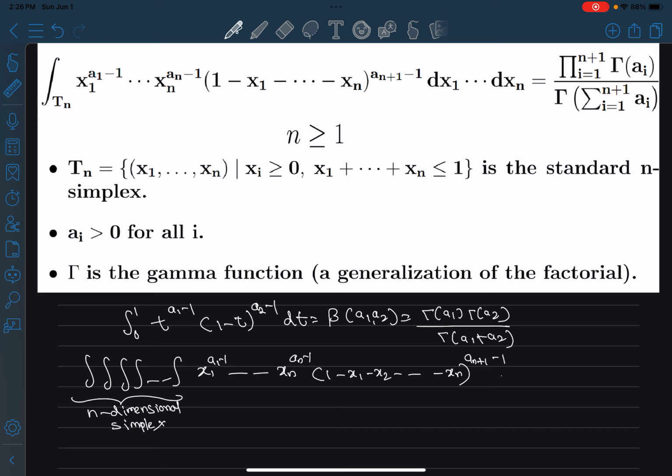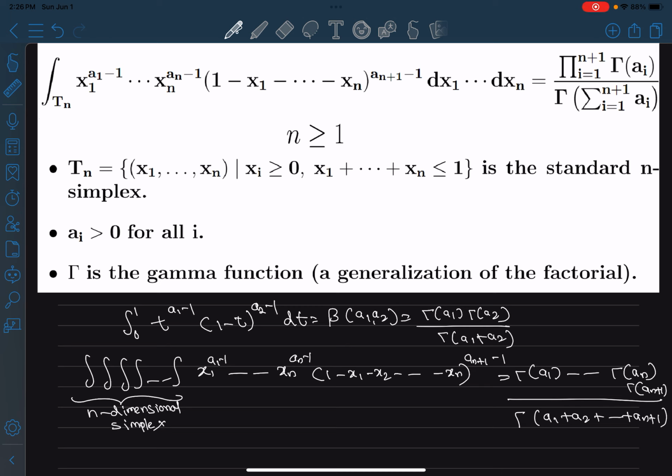And so what this becomes, just like earlier, is first of all the product of all these gamma of ai's, and also gamma of an plus 1, all of this divided by gamma of the sum of a1, a2, up to an plus 1, right? So yeah, this is the generalization of the beta function in n dimension. And yeah, we're going to prove this fact.